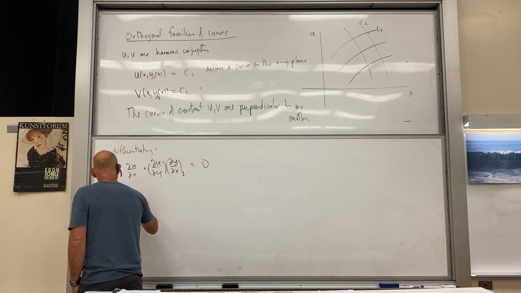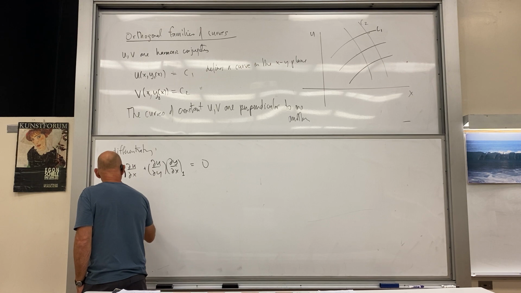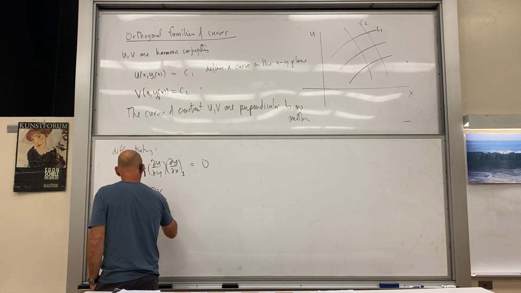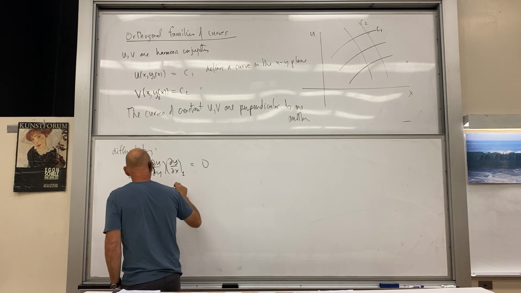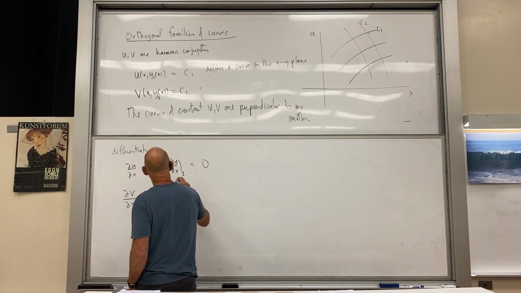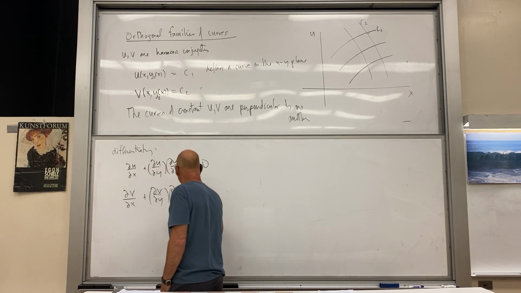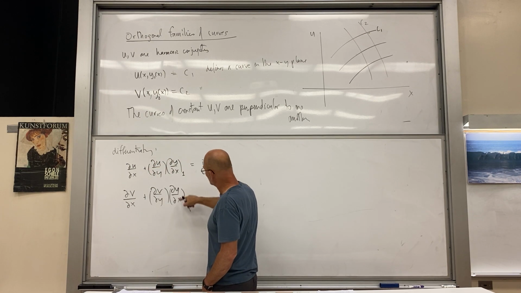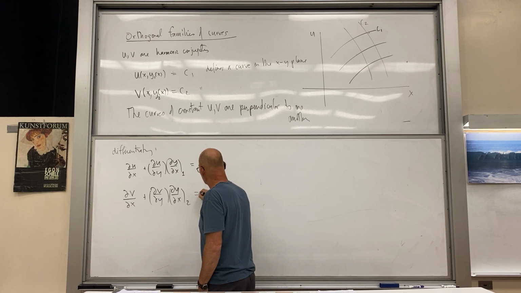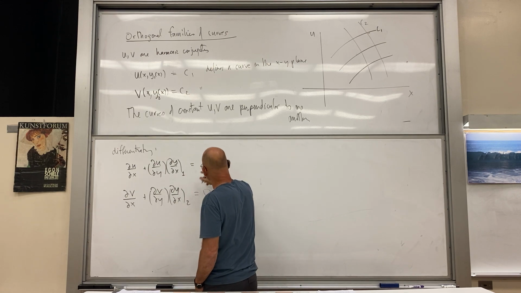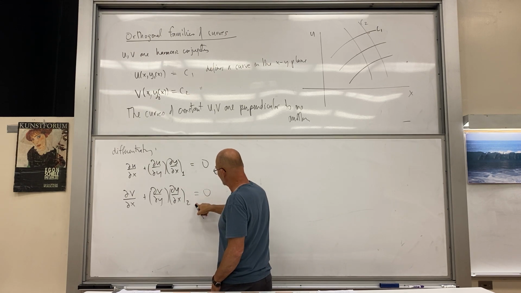And dv dx plus dv dy times dy dx sub 2, that's actually dy dx sub 2, equals 0. And what we're going to do is solve for the dy dx sub 1 and the second one as well.